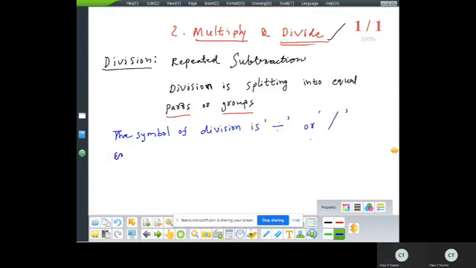Example: 20 divided by 5 means dividing 20 into 5 parts.